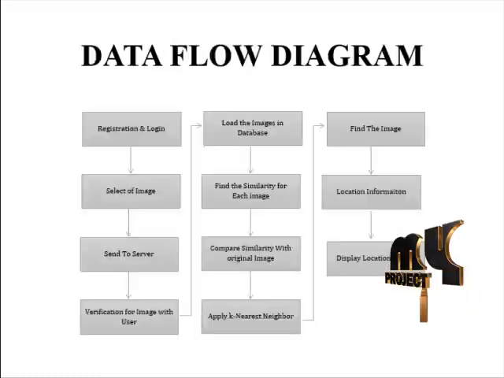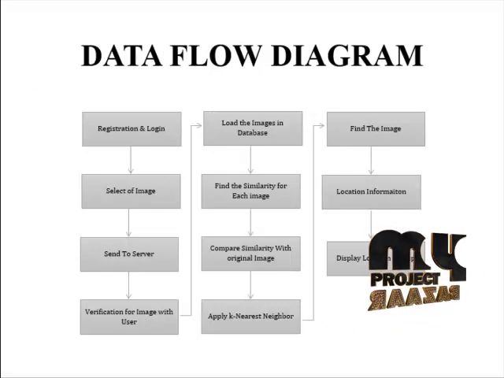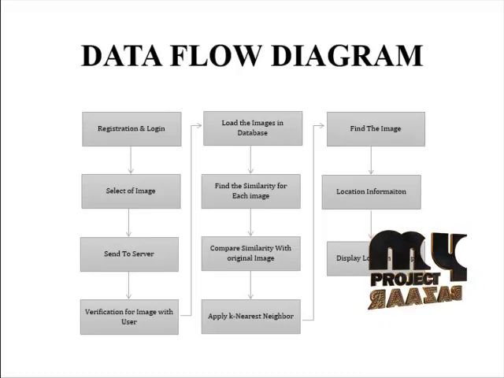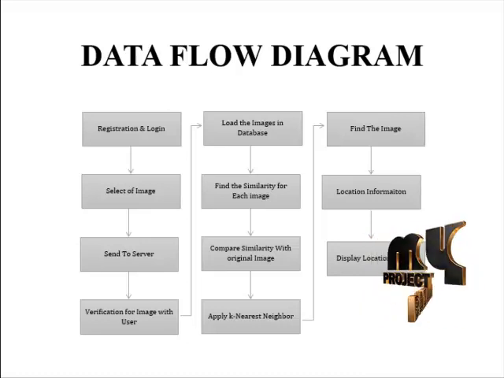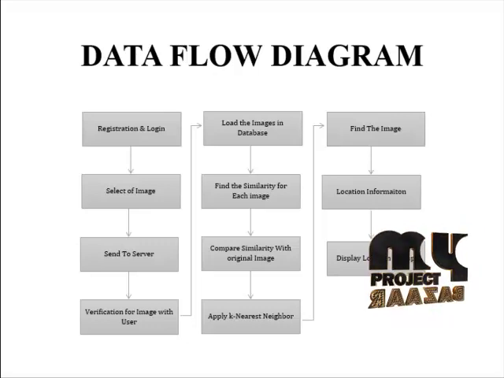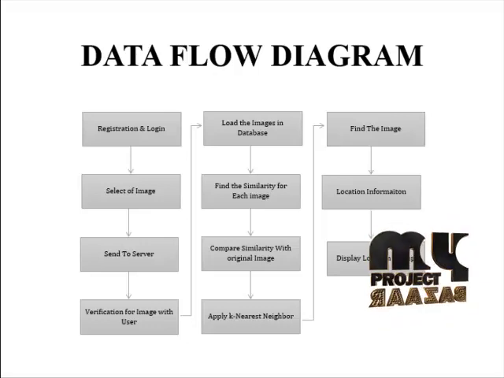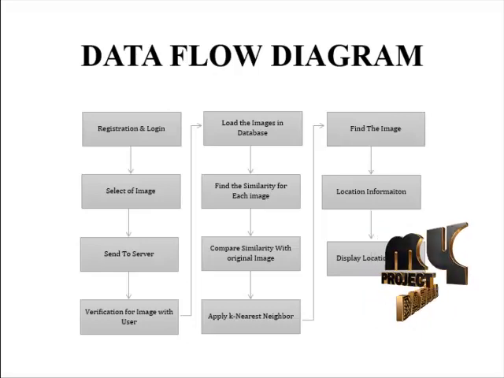In our data flow diagram, the user registers and logs into our process. First, the user chooses the image from the input. After that, the image chosen by the user is transferred to the server. On the server side, the server verifies the user, whether the user is a valid user or a revoked user.